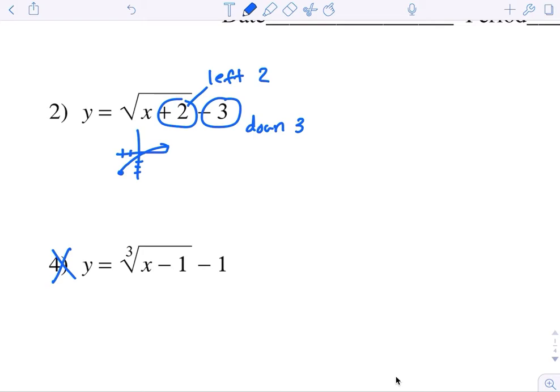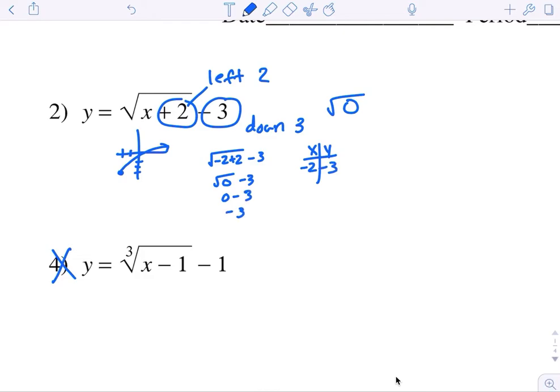So when we find the coordinate, what makes that square root be 0? Well, if you plug in -2 into there, you're going to get square root of -2 plus 2 minus 3. Square root of 0 minus 3, 0 minus 3, -3.